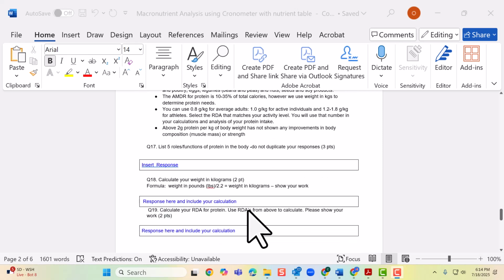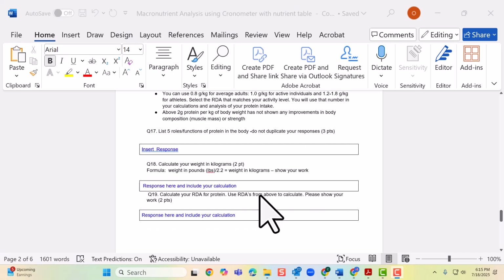So I want to get to the calculation areas. Notice that I tell you in each of these that require calculations, you need to show your work. So you put your response and include your calculation here. For example, the first question that requires a calculation is to convert your weight to kilograms.